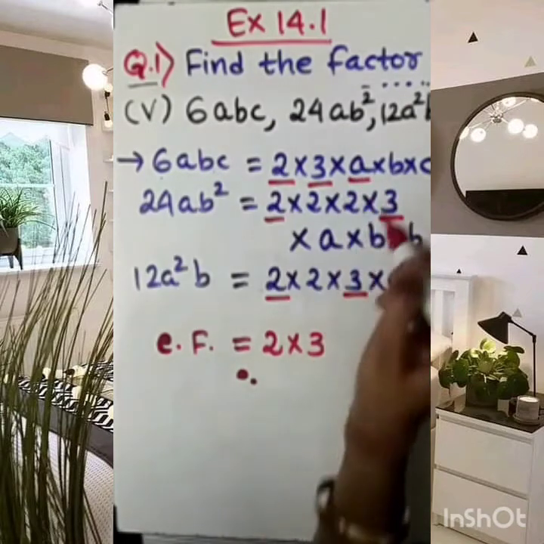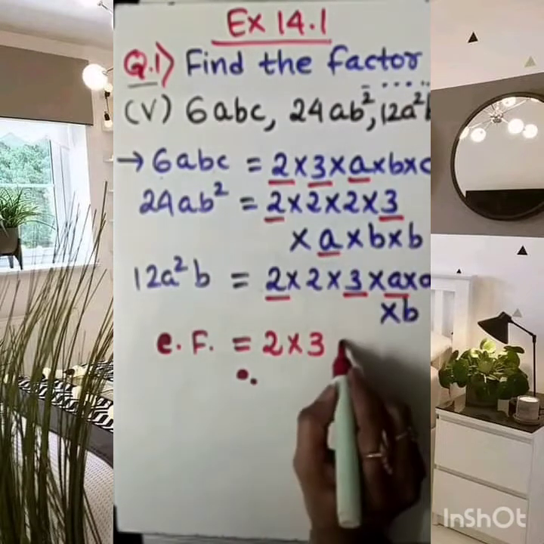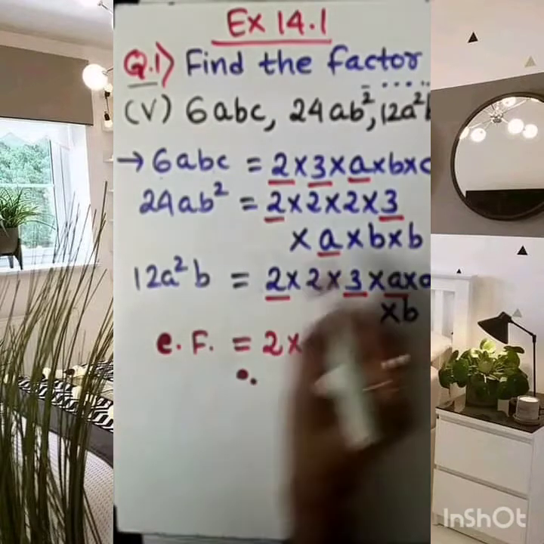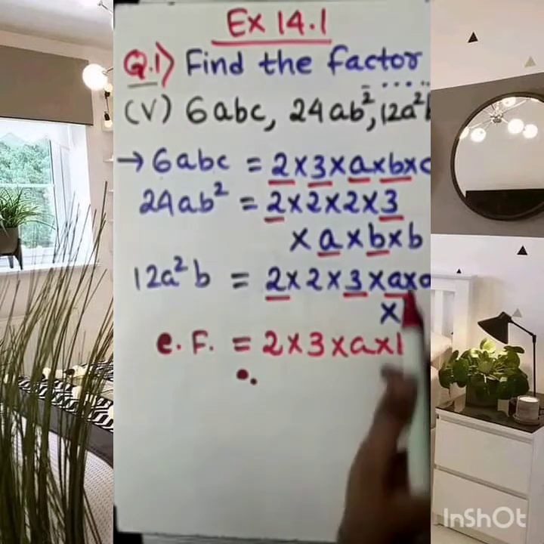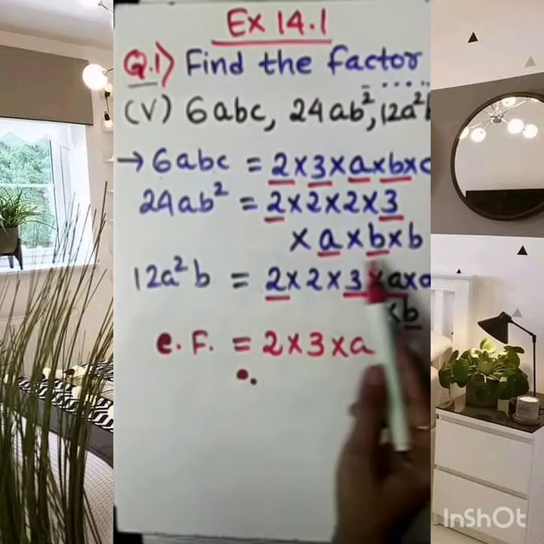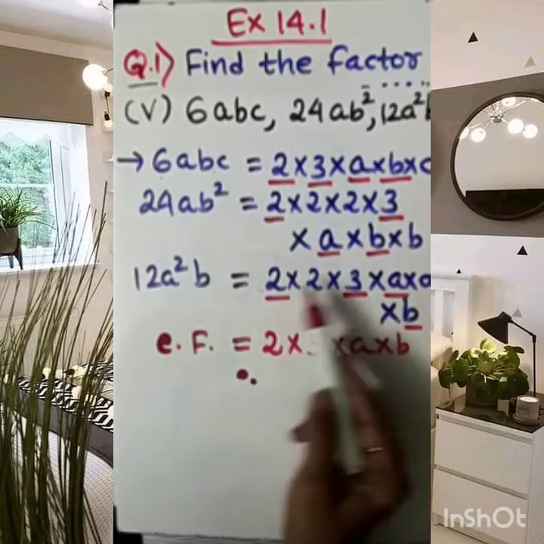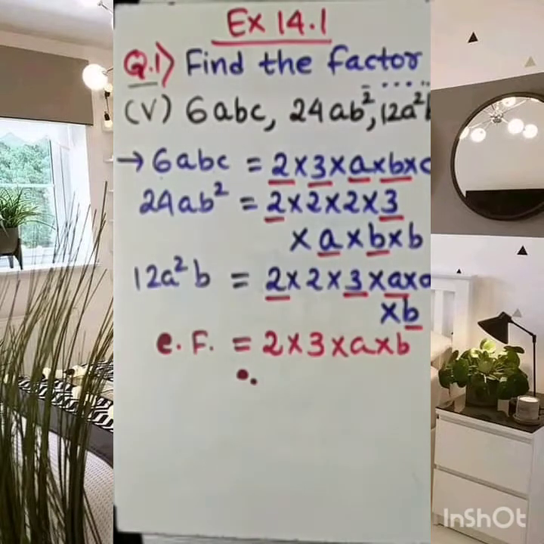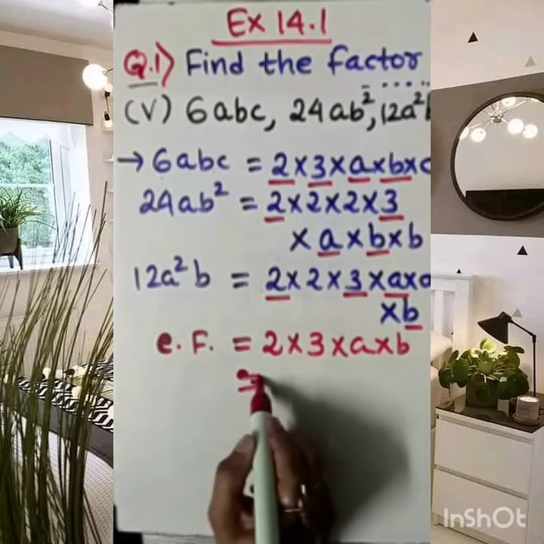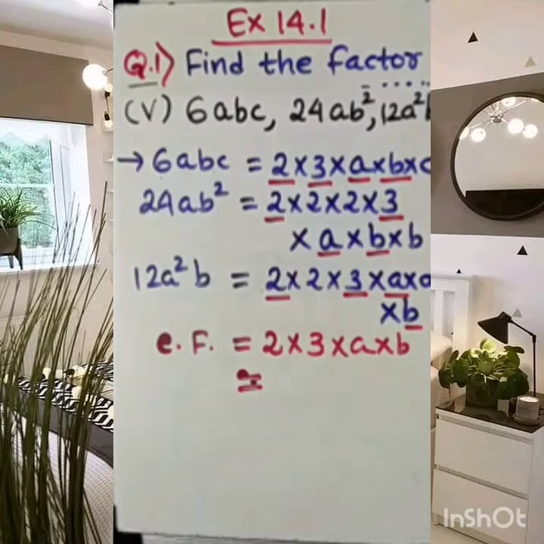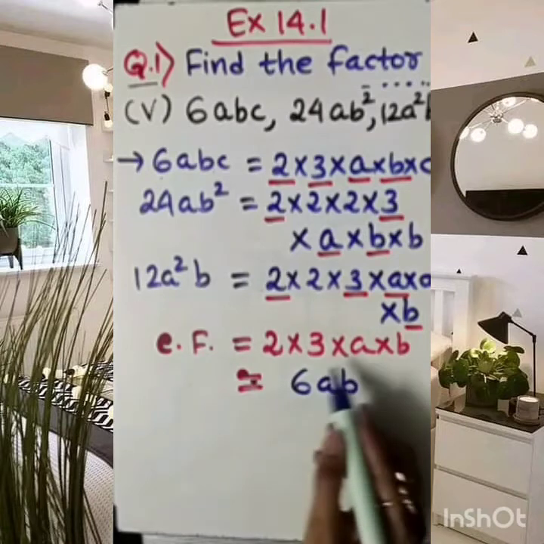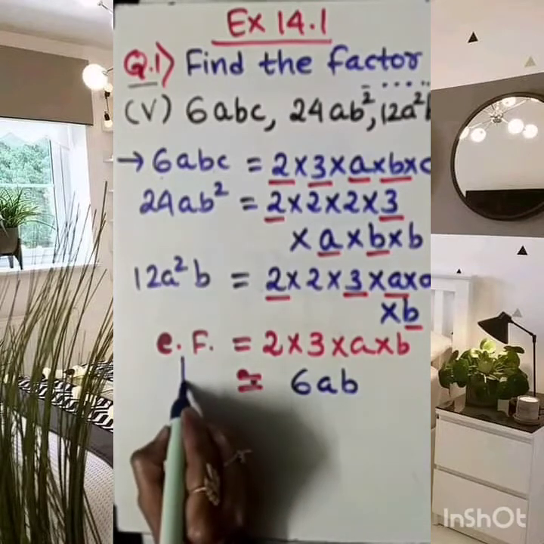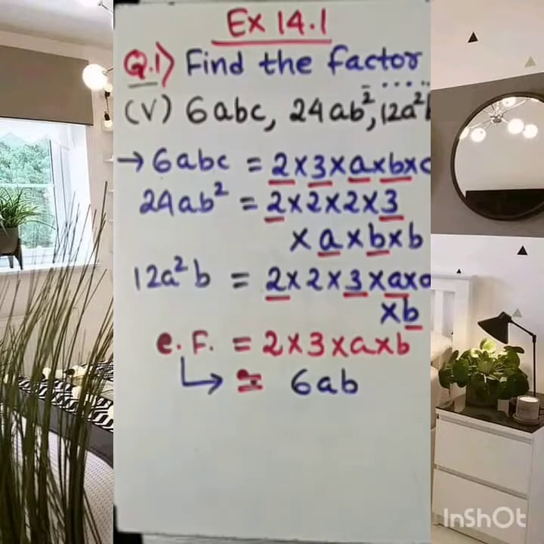Except this, a and a, one time a is common. b, b, b, that is b. But c is not present in the second term and it is not present in the third term even. So dear student, the final common factors are these only. Now let's multiply. So if I multiply 2, 3, a, b: 6ab. That is 6ab, the common factor.